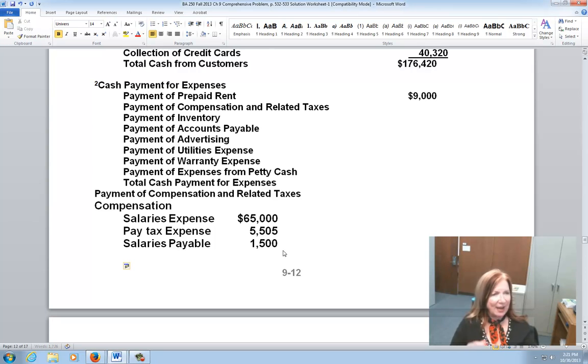So here I have income tax, and that one was 500. And then the next one was Social Security tax.